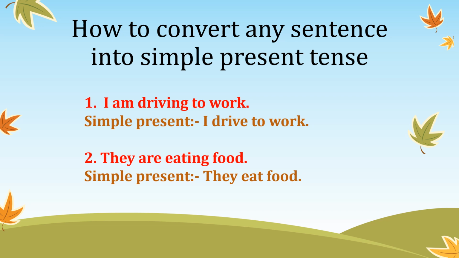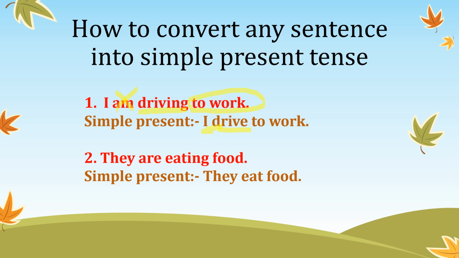I is the subject, so I will remain I. Now the verb is driving. The first form of driving is drive. So we will add drive plus the object. The object is to work. So we will add to work at the end of the sentence and we will delete am. So our sentence will become I drive to work. So this is in the simple present form.